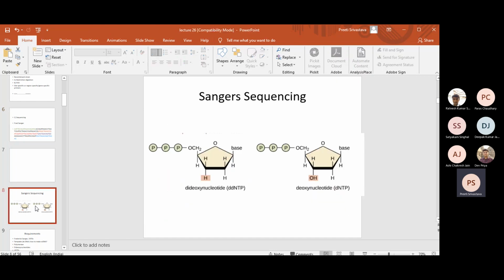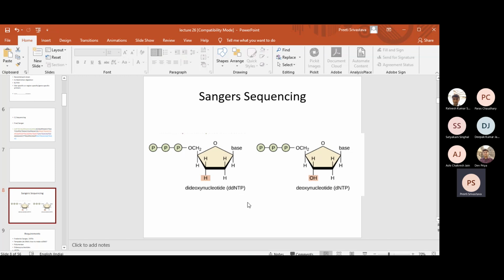So when we talk about Sanger sequencing, have you studied this before, class? No, ma'am. No, not in any courses. Okay, so in Sanger sequencing, what he proposed was that instead of dNTPs, we can use dideoxy NTPs.